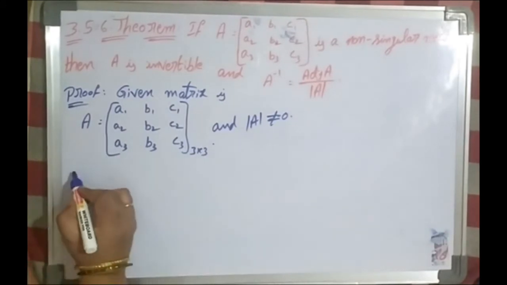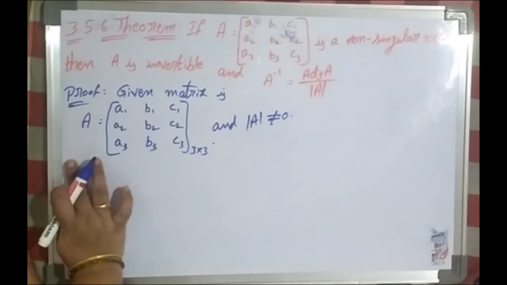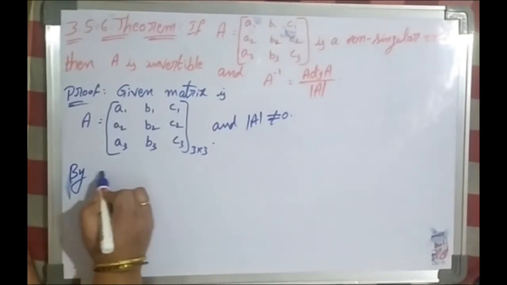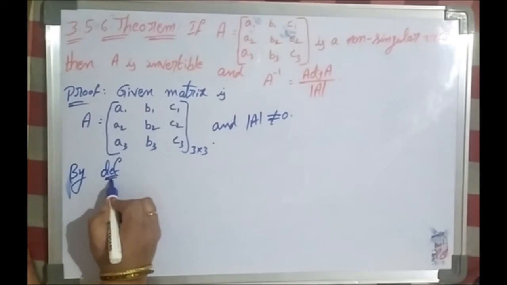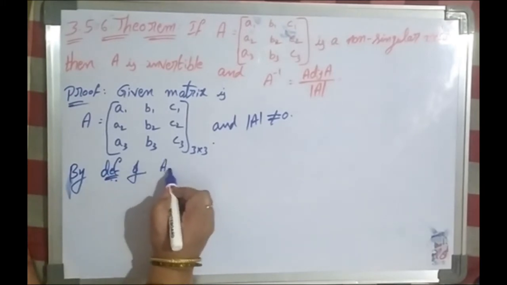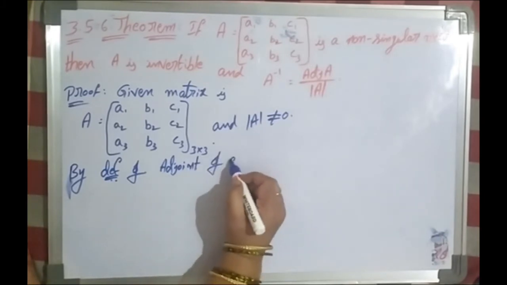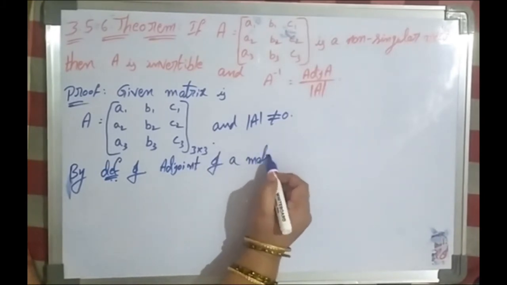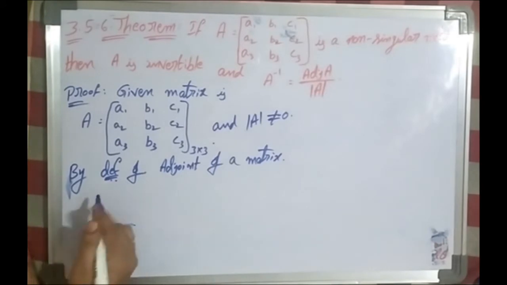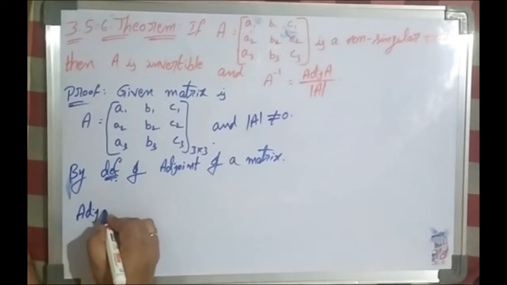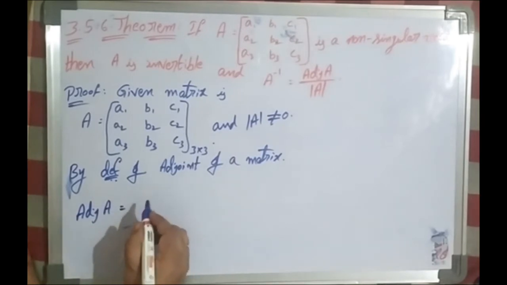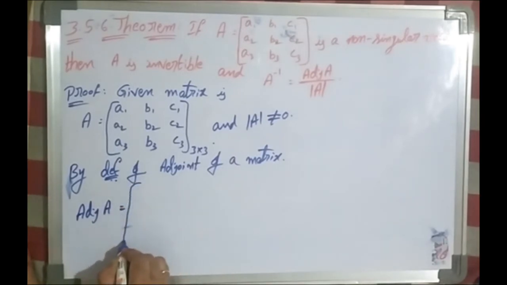By the definition of adjoint of a matrix, we can write adjoint of A as follows.